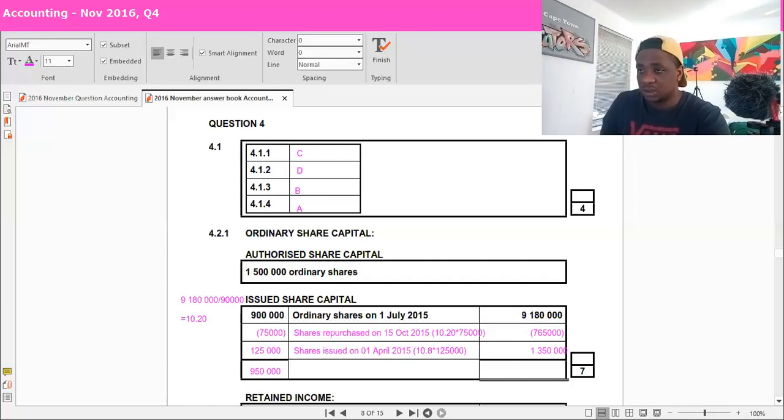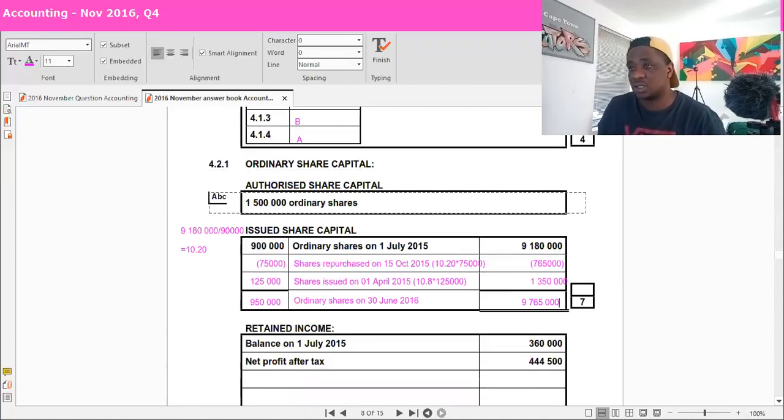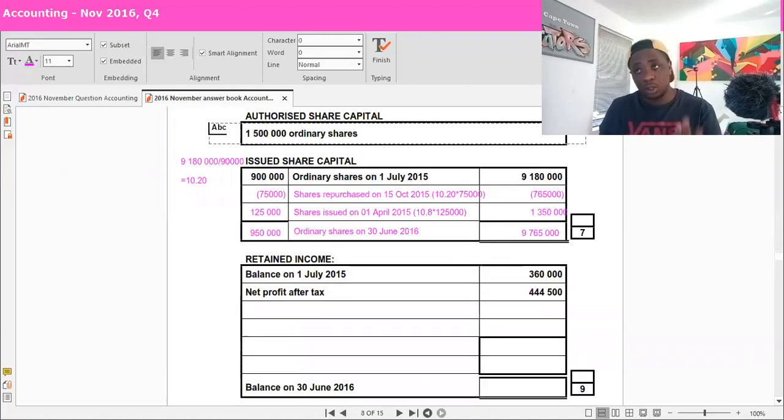Then you just say ordinary shares on 30 June 2016, and the amount would be 9,765,000. Cool.